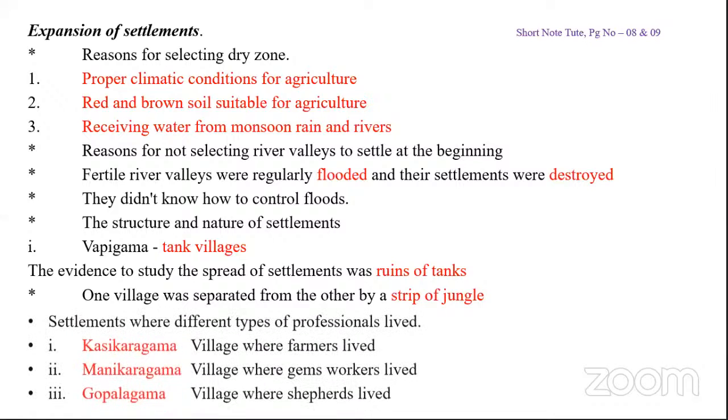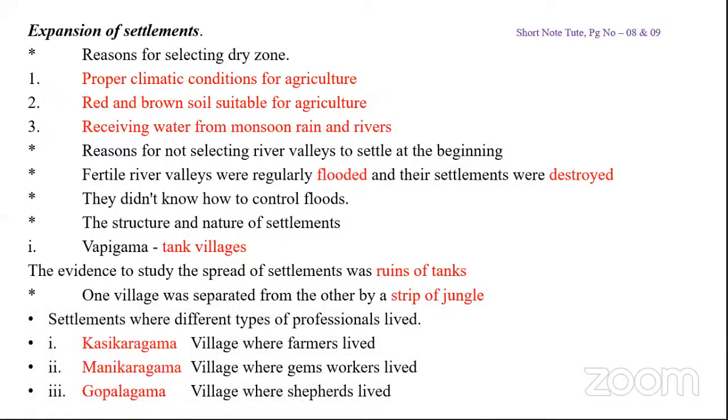And there were settlements where different types of professionals were living. Kasikaragama was the village where farmers were living. Manikaragama were the villages where gem workers were living, and Gopalagama were the villages where shepherds were living.